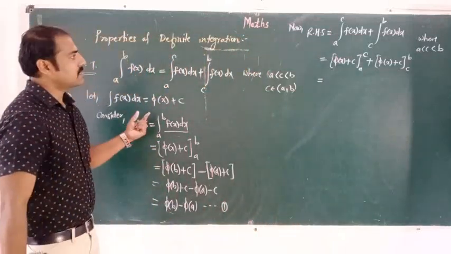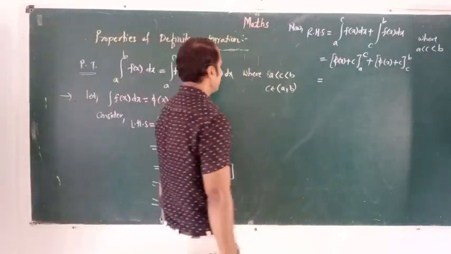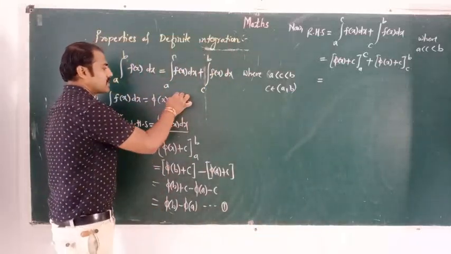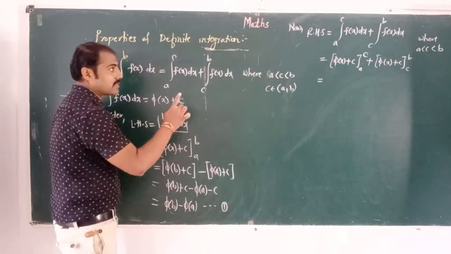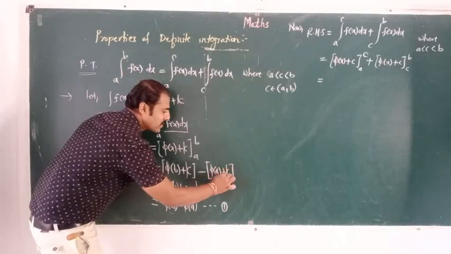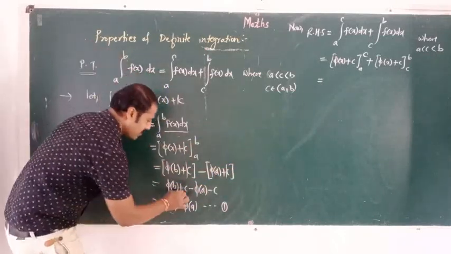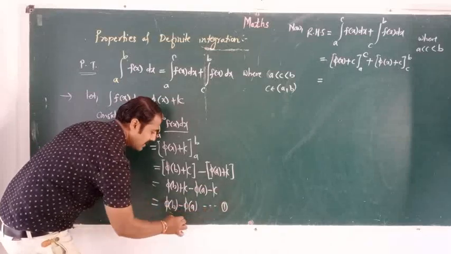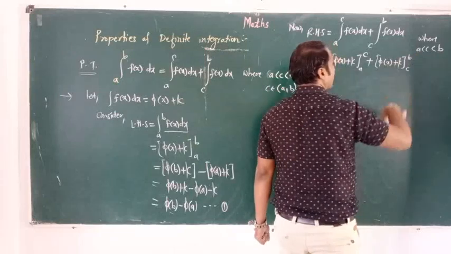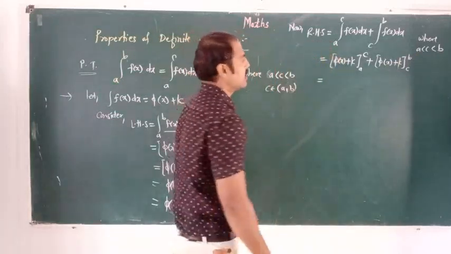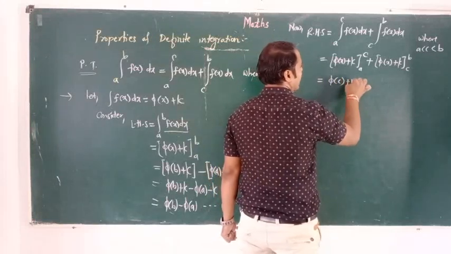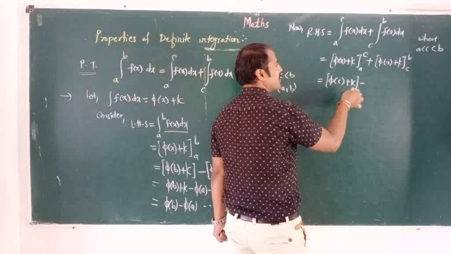Here c is there, so instead of c I can write K. Value of the primitive at upper limit, so we get phi of C plus K minus value of the primitive at lower limit.